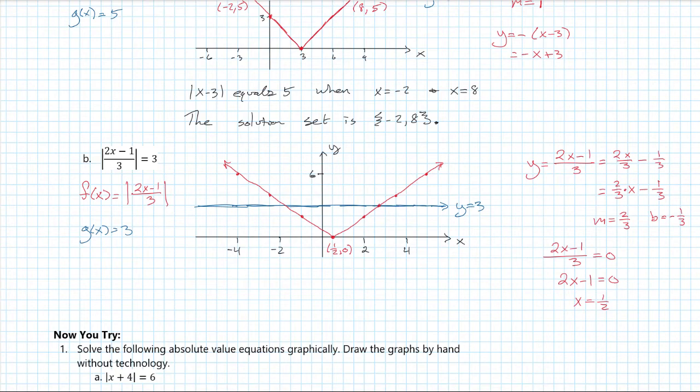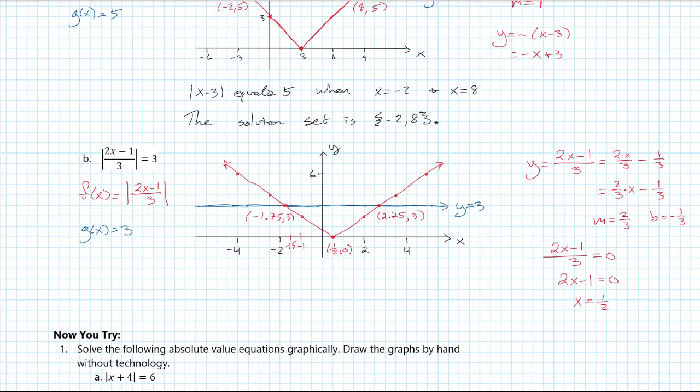All right, so now we want our intersections. These grid lines are 1/2, so this looks like (2.75, 3), and the one on the left here, this looks like (-1.75, 3), because it's halfway between -1.5 and -2, so that's how I'm seeing it's -1.75.